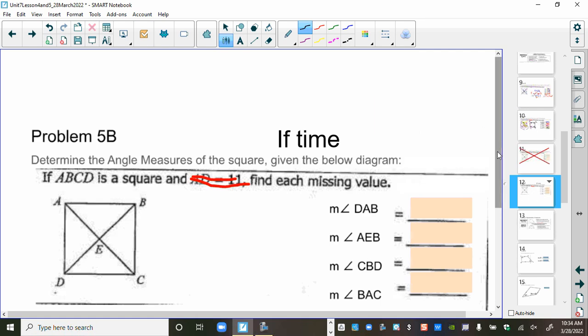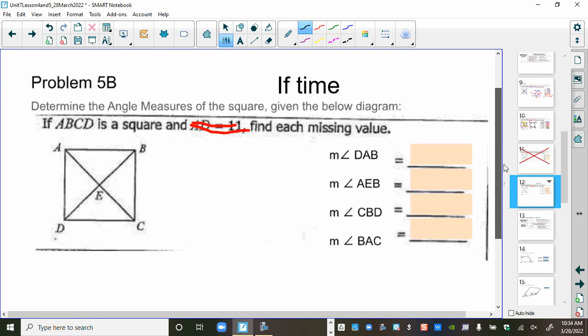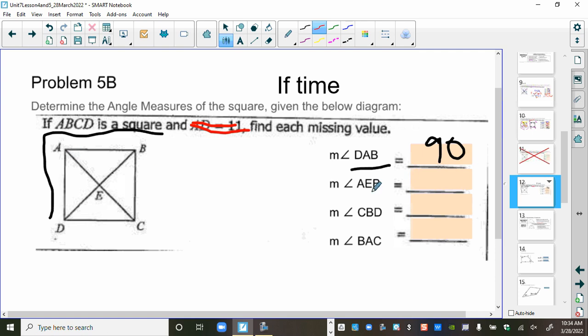All right, this one's going to basically be the same. It's either 90 or 45. So if we start, we go from DAB. There's D, A, we turn to B. Is that a 90 or a 45? All right, what about AEB? Look where you're turning.